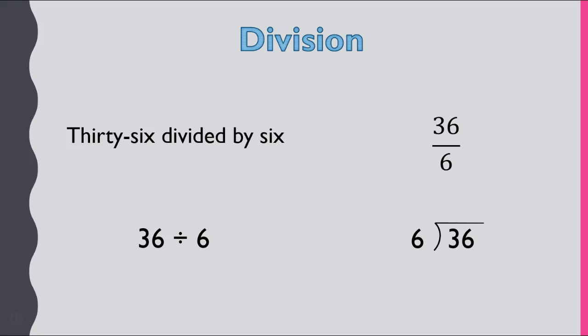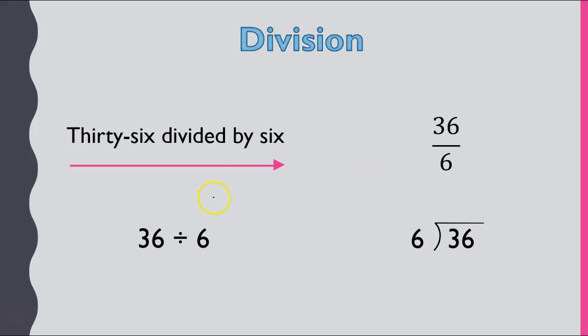So the very first thing I want to teach you about is the 4 different ways to write a division statement. You can see this one here first. It says 36 divided by 6. You simply read it like a sentence, straight across from left to right.